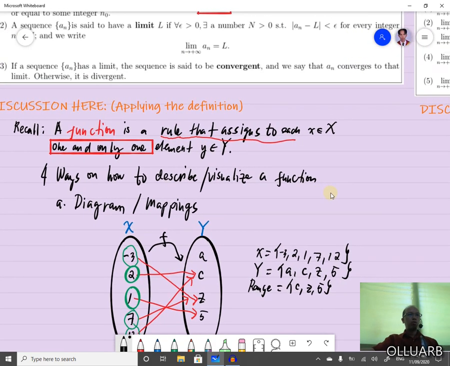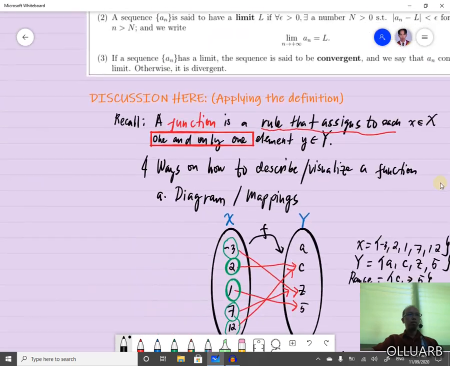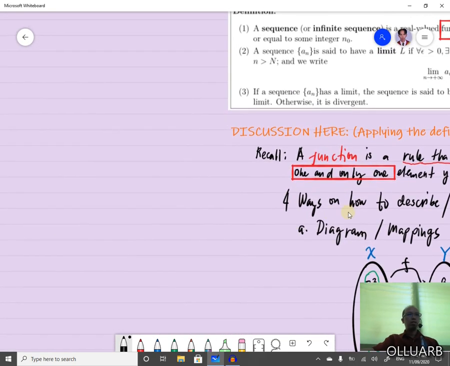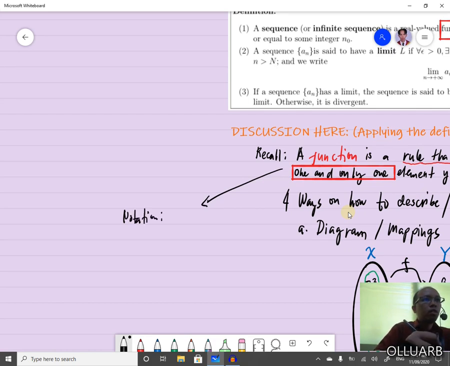Okay, so for our notation, let's discuss it here. For a function, the notation is described as f of x, this one, f maps to y, where our small x here maps to small y.